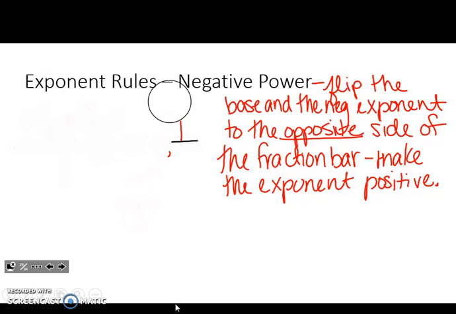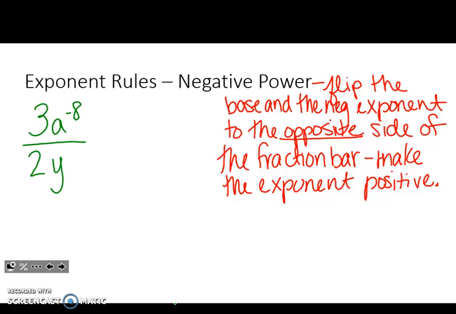All right, and one last one. So if I have 3a to the negative 8th over 2y to the 0 power, I'm going to go through each term just like I did before.